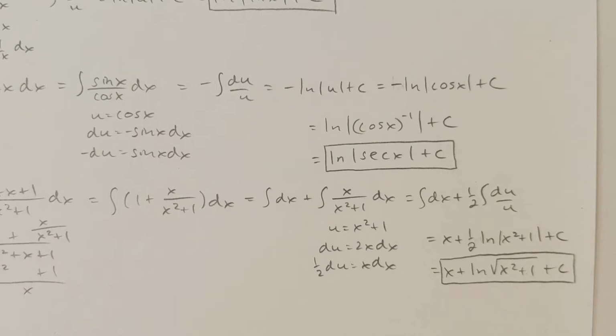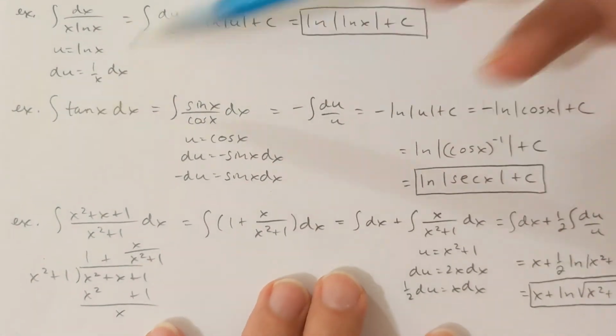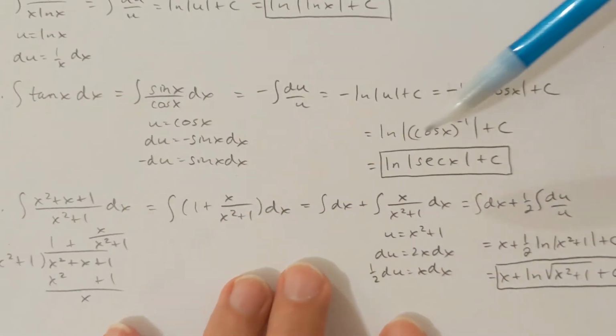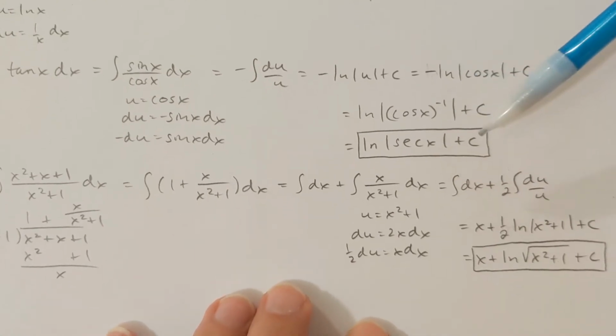Actually, if you were to look in the book, the very first page of Chapter 7 is a list of integrals that your book wants you to know at this point, because these integrals come up a lot and they're just worth knowing. This would be one of them. Know that the antiderivative of tangent x is the ln of the absolute value of secant x.